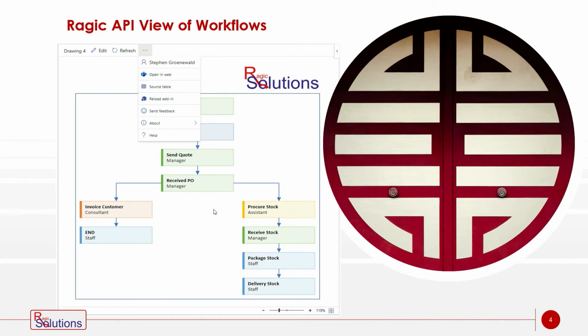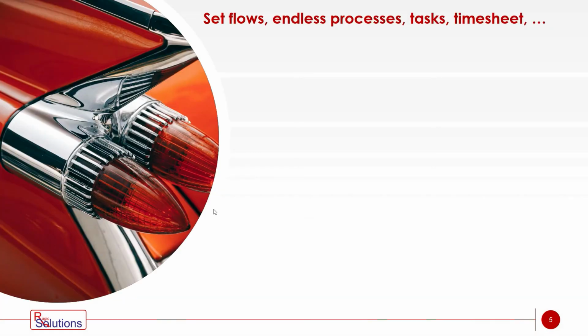So it's a very nice way to visually see how your workflow has been designed inside Ragic, because these are simply just records inside Ragic. And it's live. As I said, you can just click refresh and the data will be pulled from your Ragic database and pulled into the Microsoft Visio Data Visualizer, which is a free add-in for Excel.